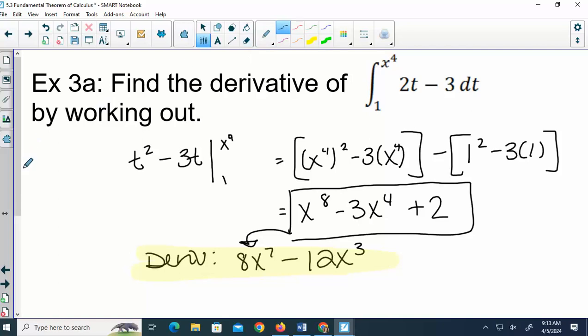Is there any way we could use the fundamental theorem of calculus here? When we have just an x, all we have to do is change those to x's. Is this equivalent to me just plugging in an x to the fourth? No. If I rewrote this, if I factored, what's my greatest common factor? 4x to the third. If I took that out, I'm left with 2x to the fourth minus 3.